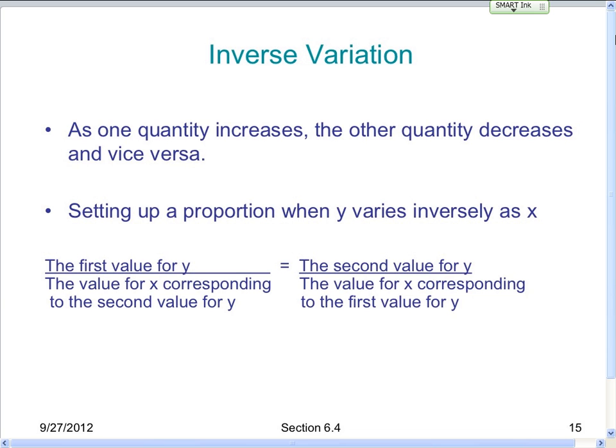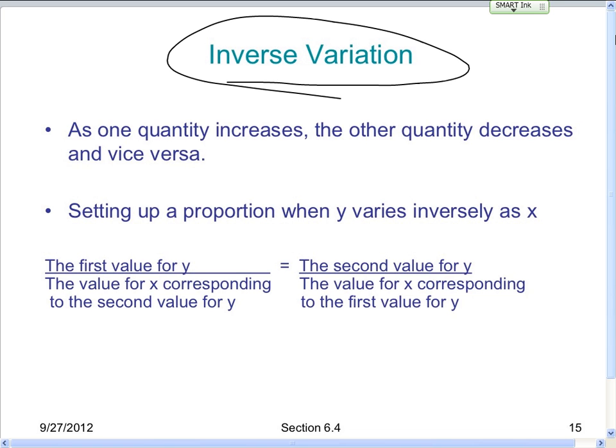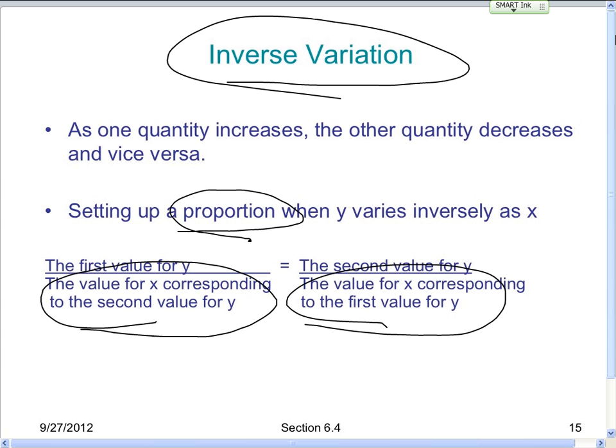Be careful with inverse variation. Make sure you read the problem. Inverse variation, you set it up as a proportion, then you take the two bottom numbers and you flip-flop them.